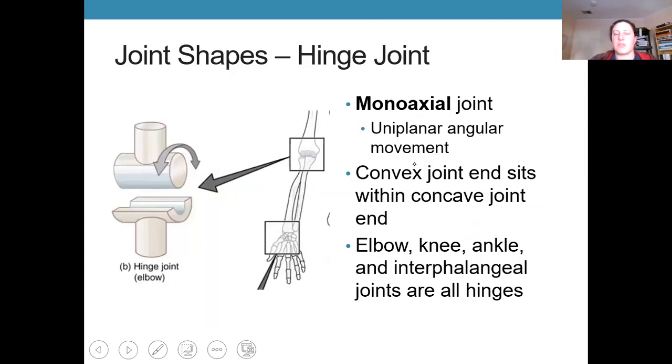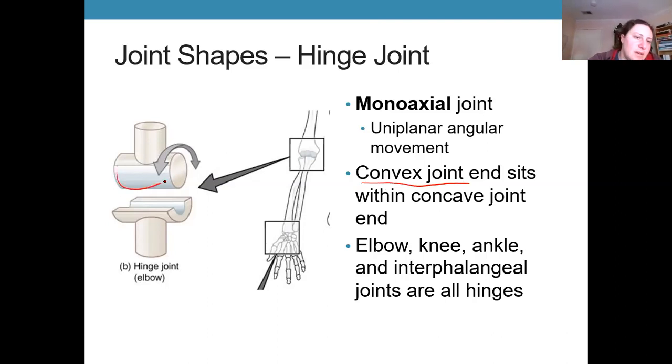So when it comes to actual movement in a plane, when we have monoaxial movement, one of the ways we do that is with a hinge joint. So it's called a hinge for the same reason why we talk about door hinges. It has one type of movement. So we describe the bone ends as a convex bone end.